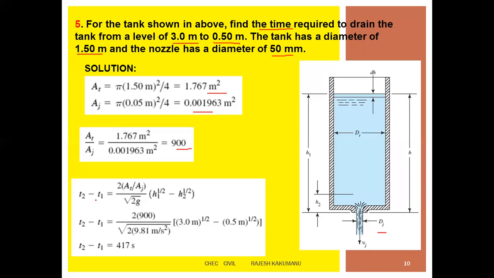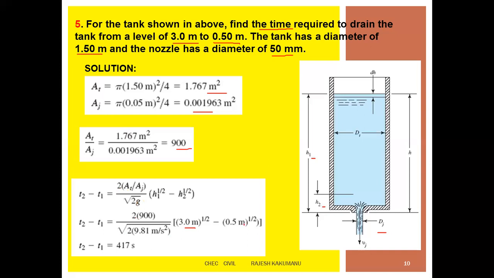Then T2 minus T1, what is the formula? T2 minus T1 is equal to 2 into AT by AJ divided by root 2g into root H1 minus root H2. Therefore, T2 minus T1 is equal to 2 into 900 by root of 2 into 9.81, where H1 is equal to 3 and H2 is equal to 0.5.